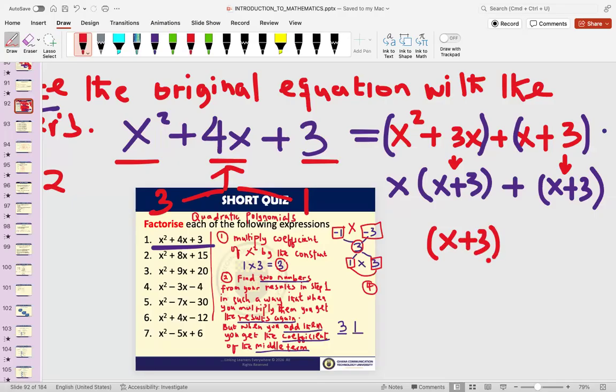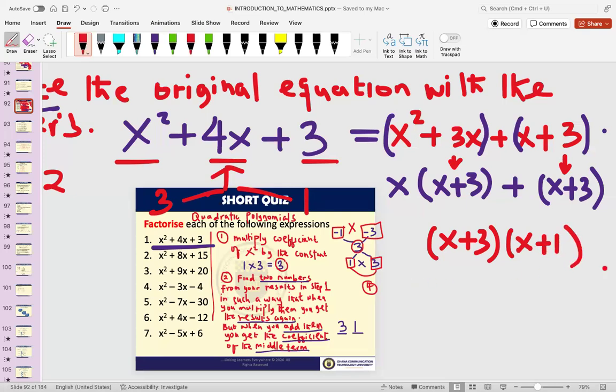That's the first package. And then the second package, you combine the numbers outside. So you have this x outside. You have 1 also outside here. We don't normally write the 1, but there's a 1 outside here. So you combine the x and the 1 here. That gives you x plus 1 as the second package.